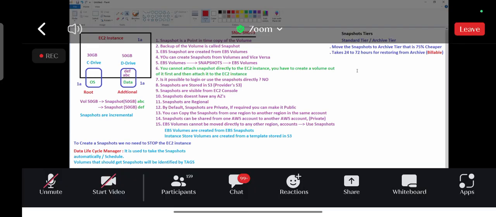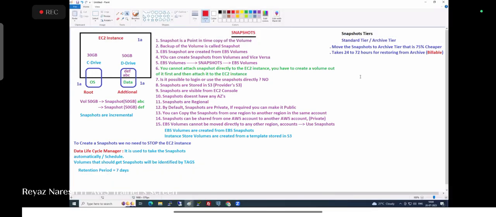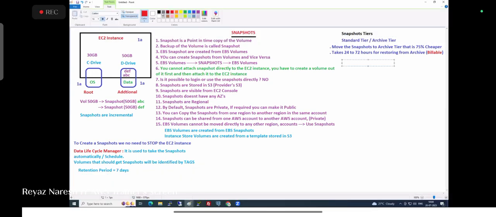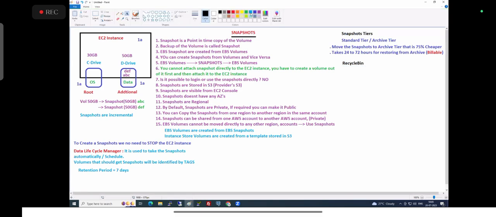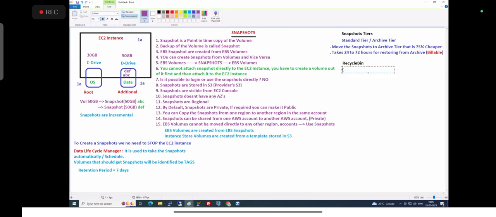And then guys, we have something called, what is this? Recycle bin. Have you heard about recycle bin? Where? In your phone? How many might you have deleted? I never saw a recycle bin in a phone.